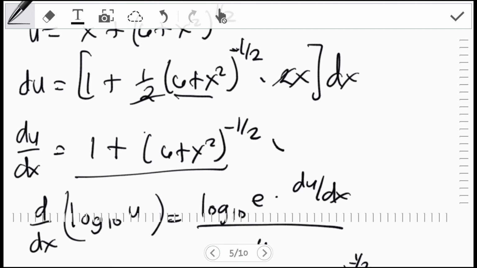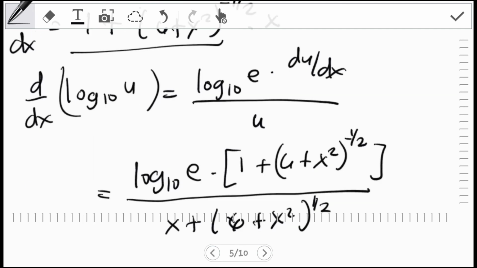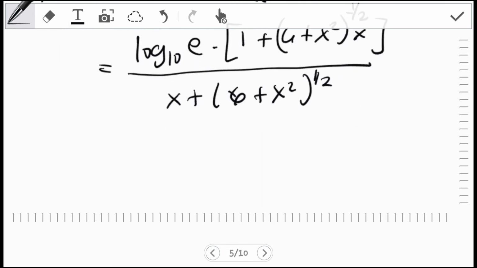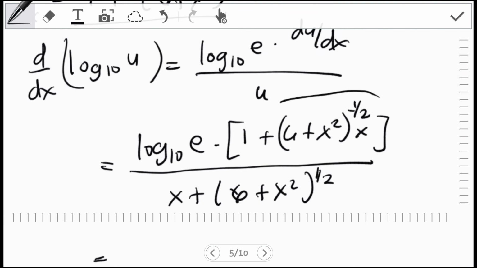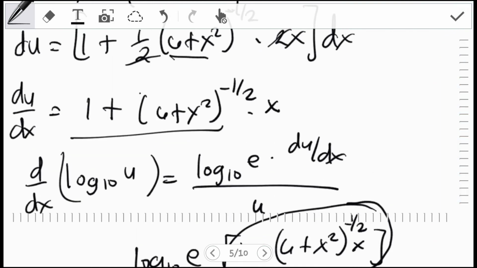I forgot the x here. We have x here. So to simplify this, that is the equivalent.